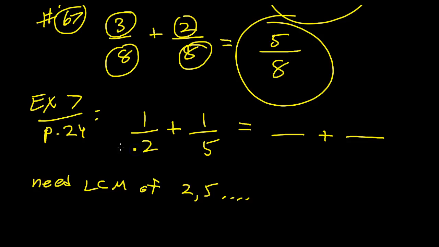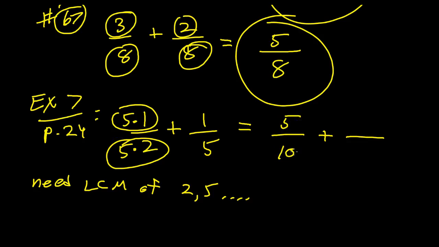The least common multiple of 2 and 5 is 10, is it not? So if I multiply numerator and denominator by 5, I'll get 5 over 10. 1/2 is 5/10. Similarly, for the second fraction, if I multiply both numerator and denominator by 2, I get 2/10.